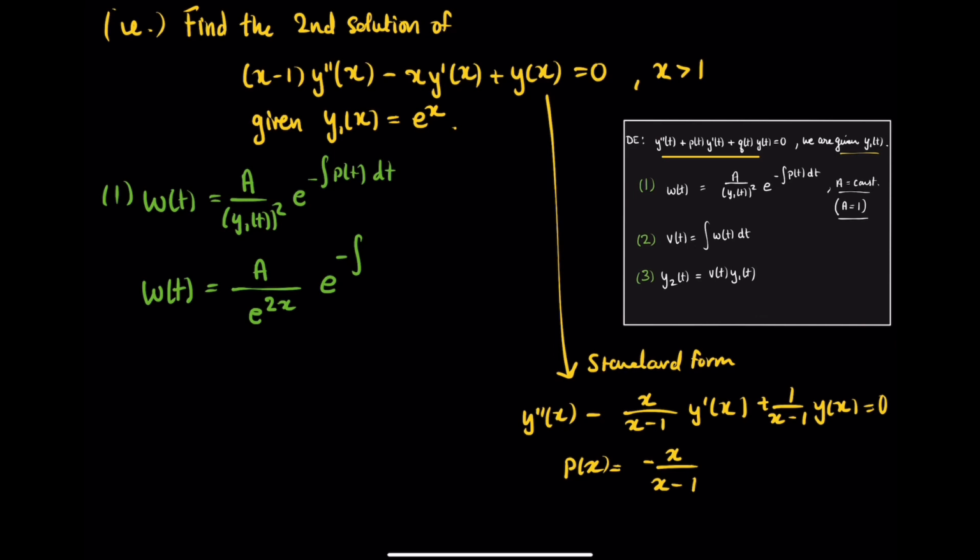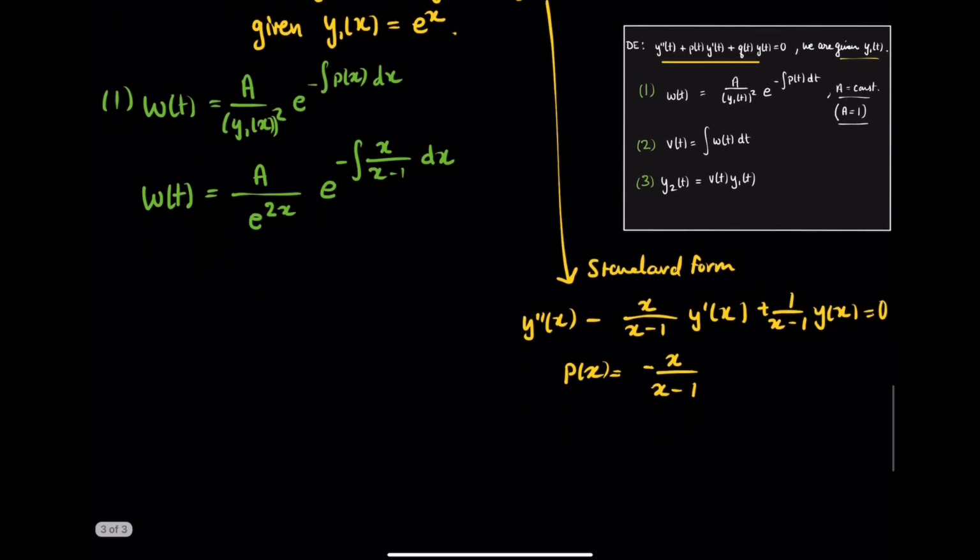But this is p(x) actually, because we are talking in terms of x. So maybe I'll change this formula so that it's just in terms of x. And so your integral is of x/(x - 1) dx. Now, we can't really solve this integral the way it currently is.